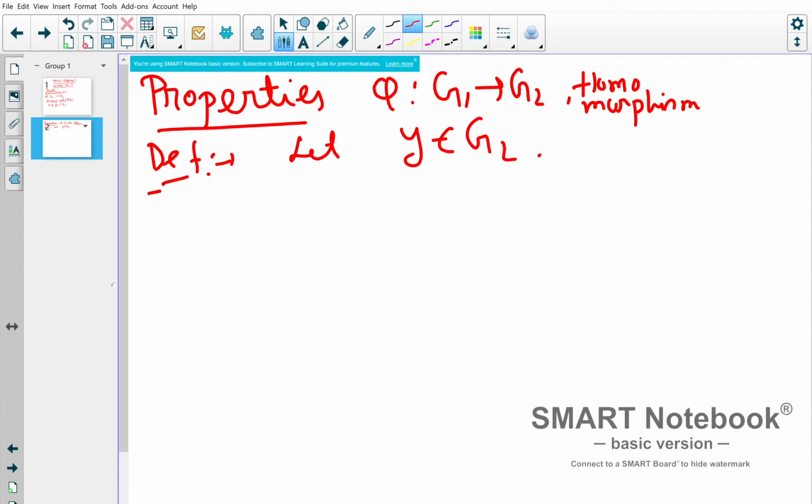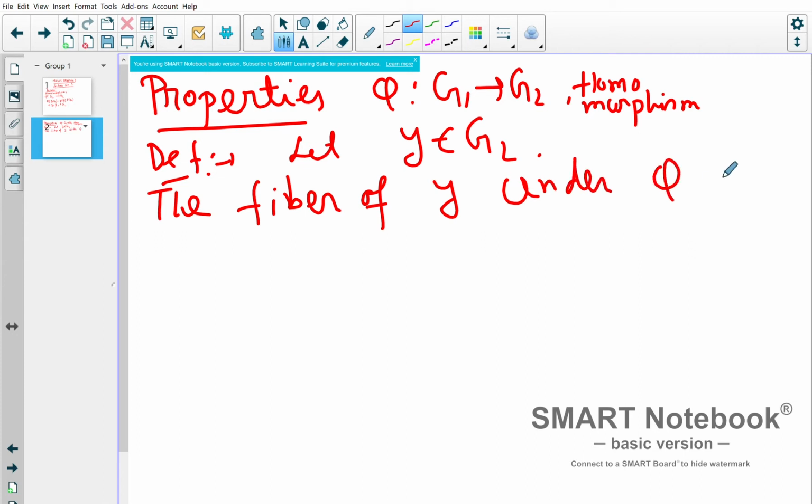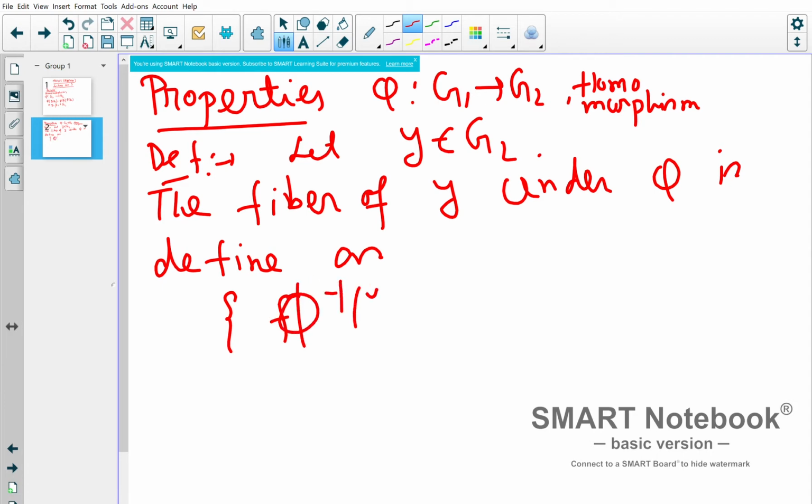So we say that the fiber of y under phi is defined by this set, all the x in phi inverse of y.